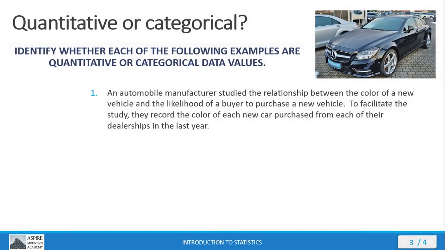Let's now engage in an activity to test our knowledge of the difference between quantitative and categorical data. First up, an automobile manufacturer studied the relationship between the color of a new vehicle and the likelihood of a buyer to purchase a new vehicle. As part of the study, they record the color of each new car purchased from each of their dealerships in the last year.